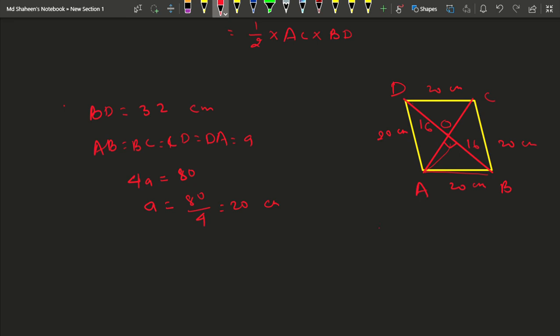Now the question is, what is the Pythagoras theorem?